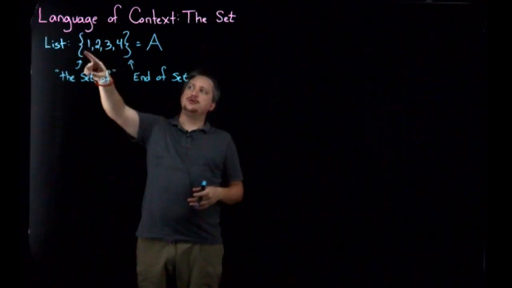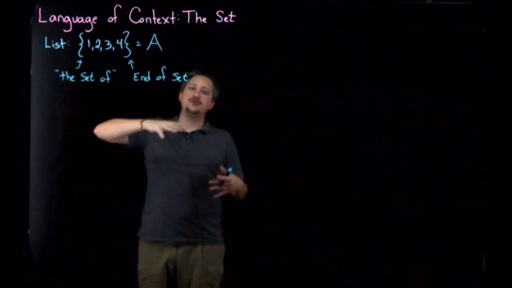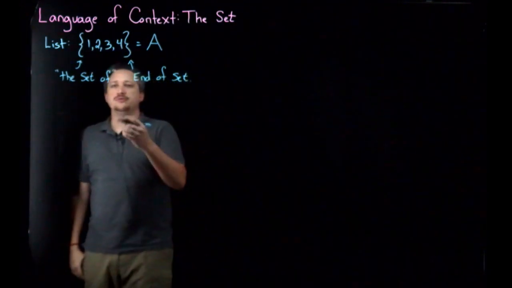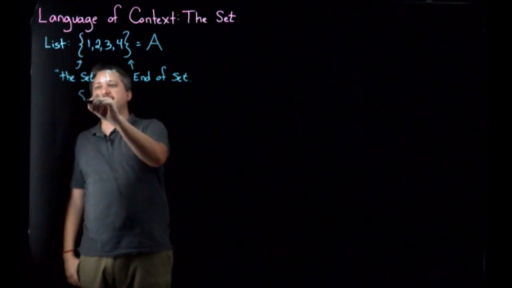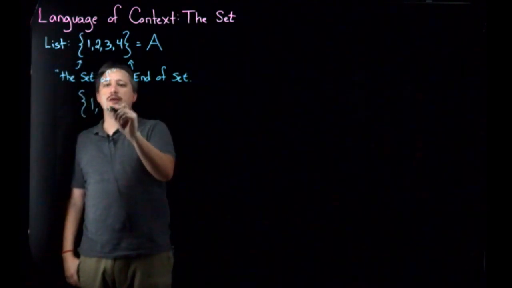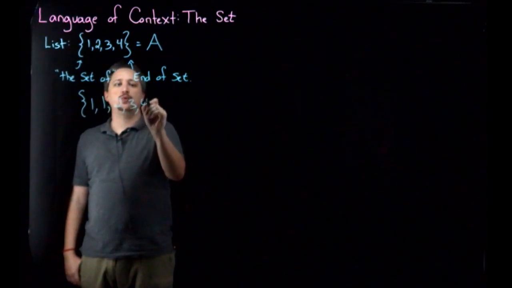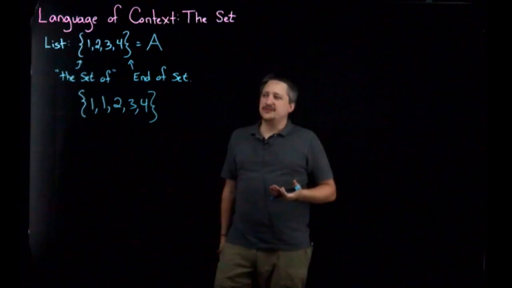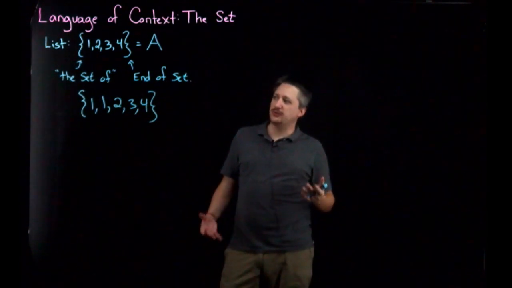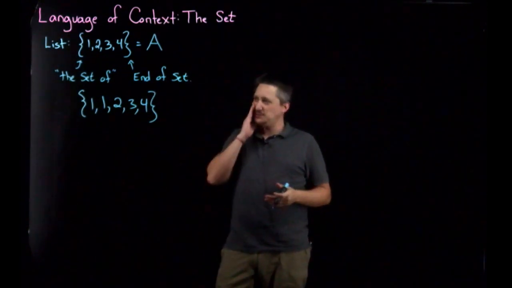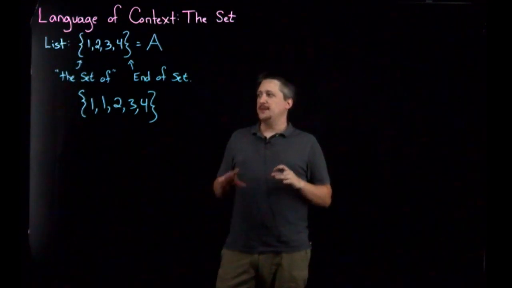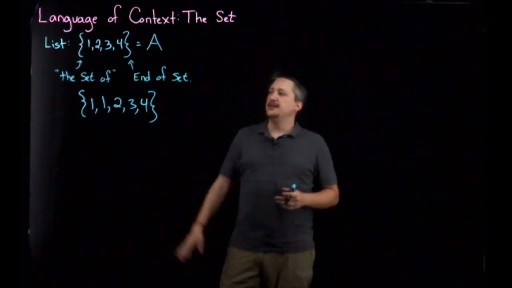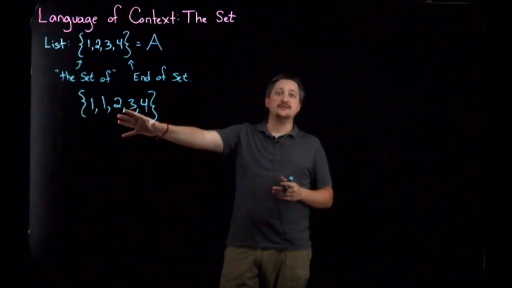First and foremost, by convention, we only include any value once. So I shouldn't write the set 1, 1, 2, 3, 4. Strictly speaking, whether this is technically correct or incorrect is debatable. For the sake of this class, and I'm sure in future math classes, this is not something that you should write.